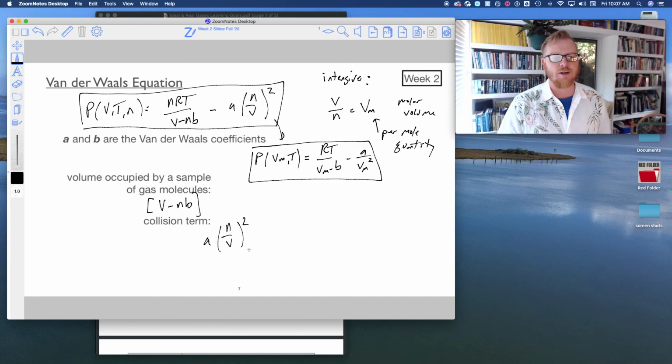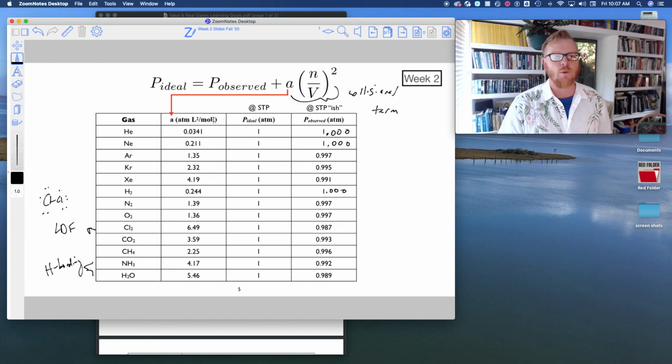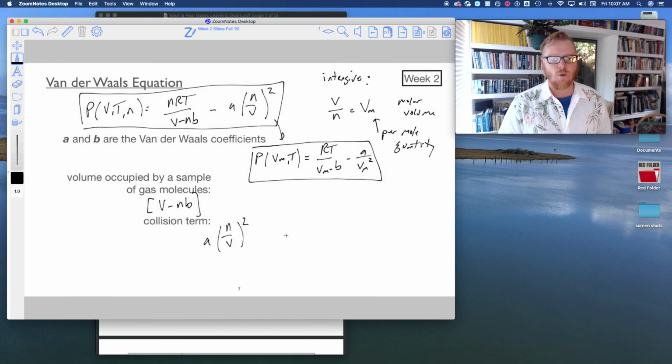Because now you notice here, if we did a unit analysis on this, we would actually find that this gives us a unit of pressure. Okay, so let me back up really quick. So the a term is atmosphere liter squared per mole squared, right? So if a is atmosphere liter squared per mole squared, and I multiply it by mole squared over liter squared, right?